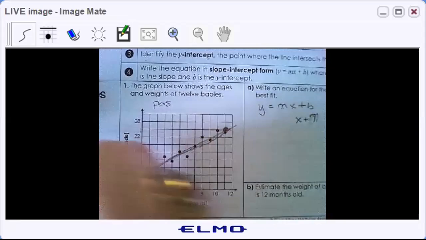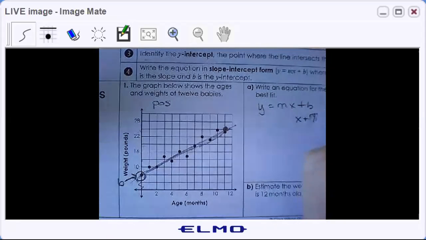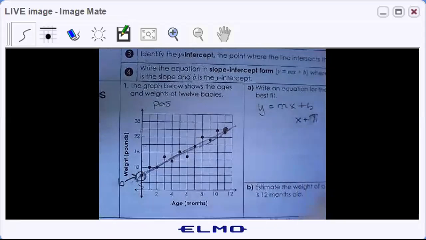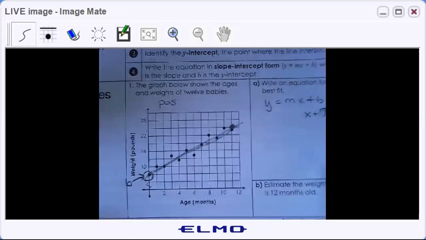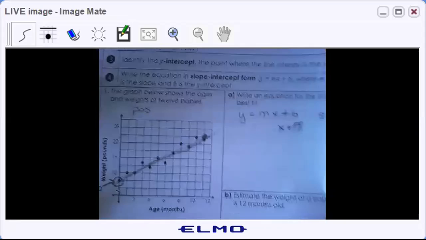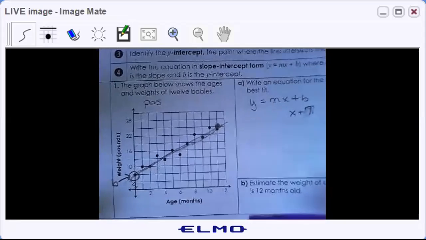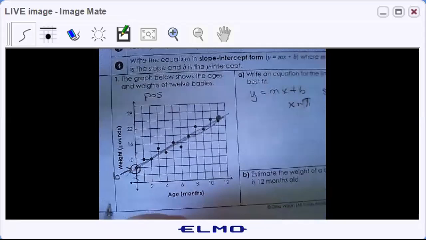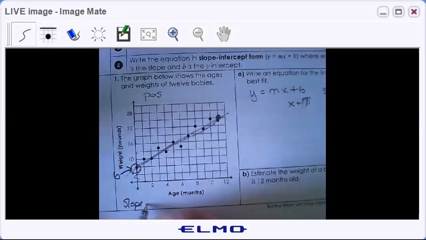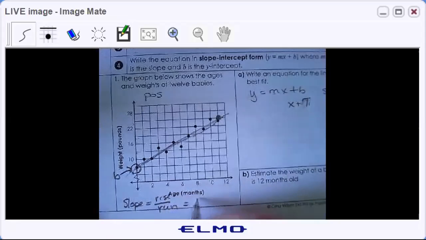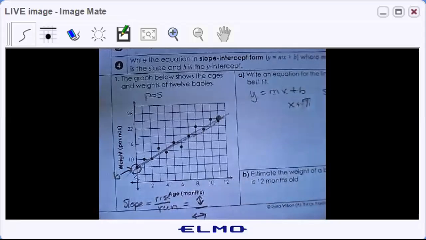Slope, if you remember, is always rise over run. Slope is always rise over run. So that means our up and down is on top and our left to right is on the bottom.